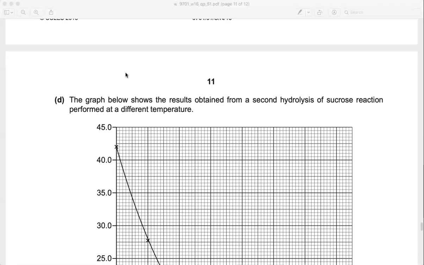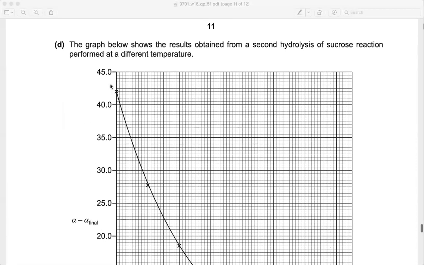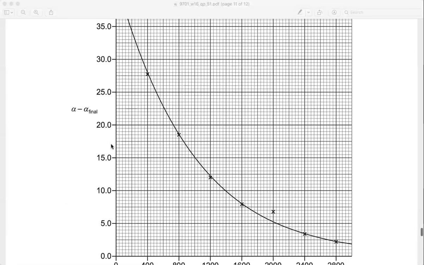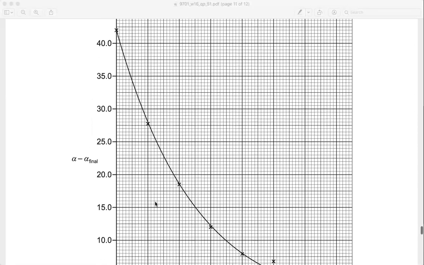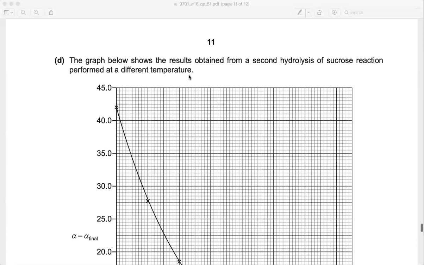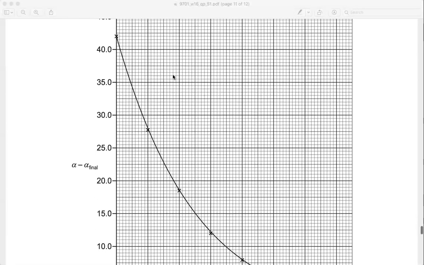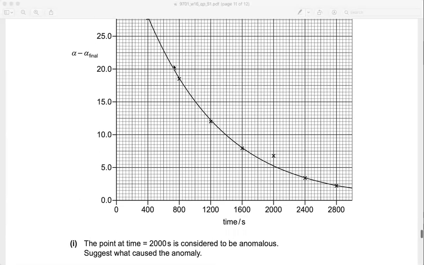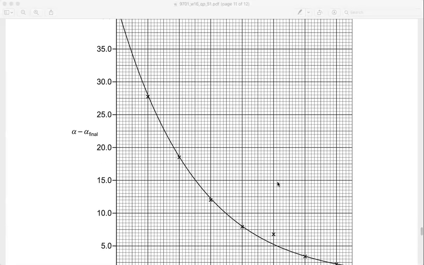Right, the second part, part D, is the concentration of sucrose. Same thing, on the y-axis is the concentration of sucrose over time. Okay, same reaction, except that the reaction is carried out at a different temperature. At the moment, we do not know yet if it's higher temperature or lower temperature. Okay, so concentration time graph, when you see a curve, it is definitely not zero order.